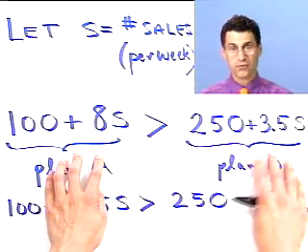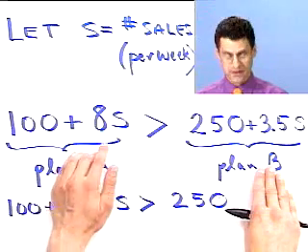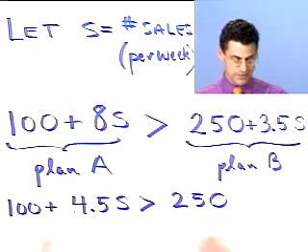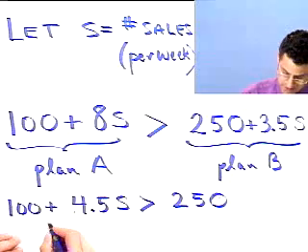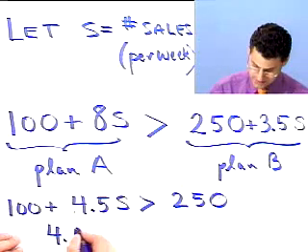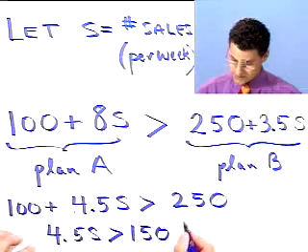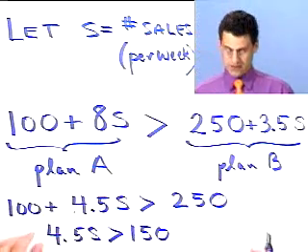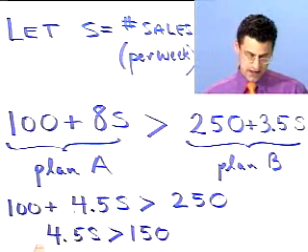When I do that on the right, they cancel. When I do that on the left, 8s minus 3.5s gives me 4.5s. Now I'll take this 100 and bring it over to this side. So I subtract 100, and I see 4.5s is greater than 150. If I take 250 and subtract off 100, I see 150. And then to solve for s, I have to divide by 4.5.